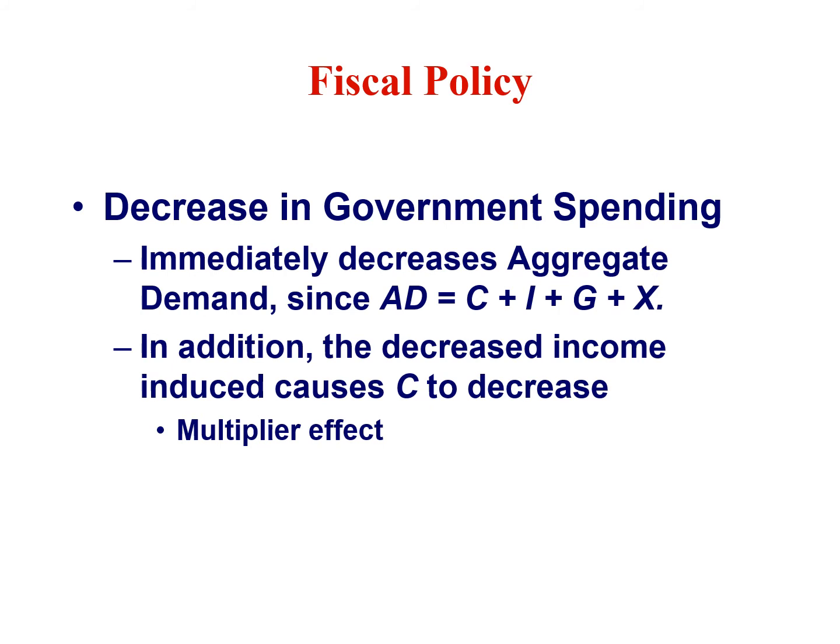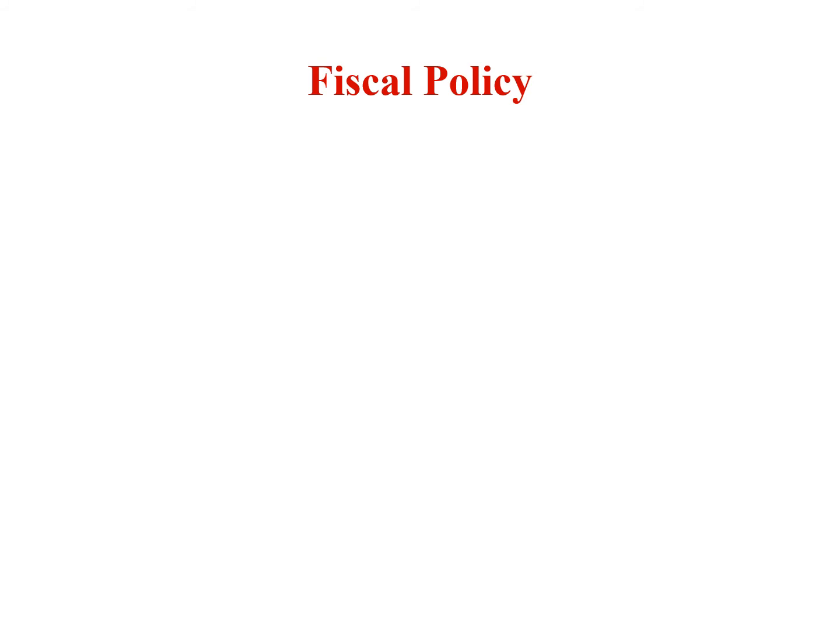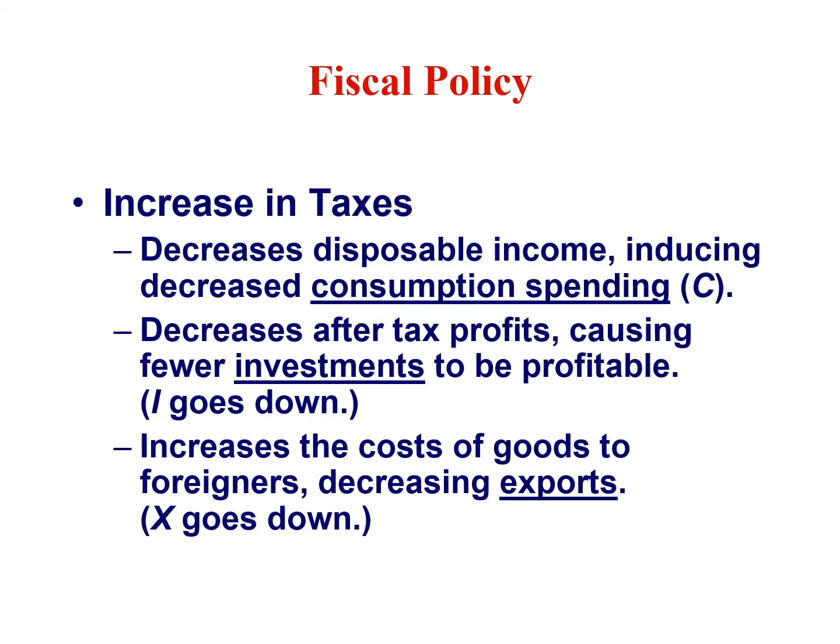Think about how a decrease in, say, government expenditures on infrastructure projects ultimately decreases income for consumers, which creates a multiplied effect.